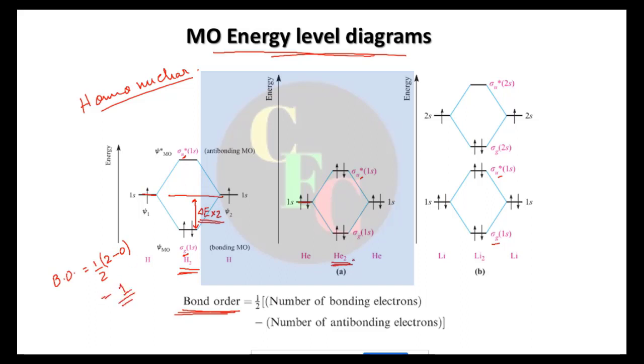Whereas for helium, 2 electrons also occupy the anti-bonding orbital, because helium itself has 1 electron more each, right? So the bond order becomes half of 2 minus 2, so it is 0. That means theoretically you can say the He2 molecule is not possible, right?